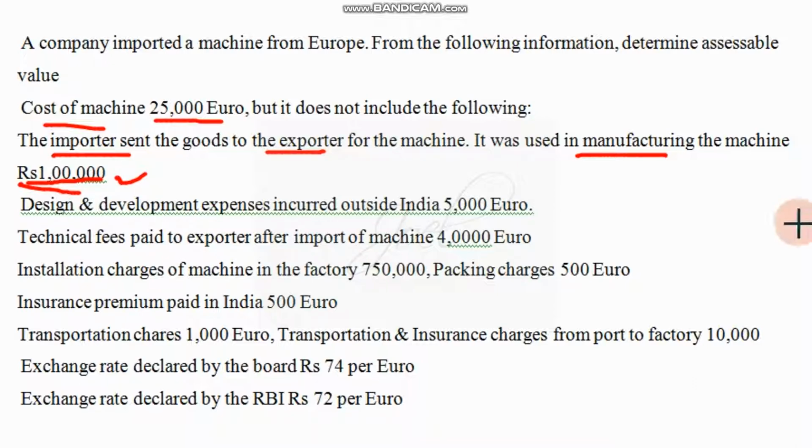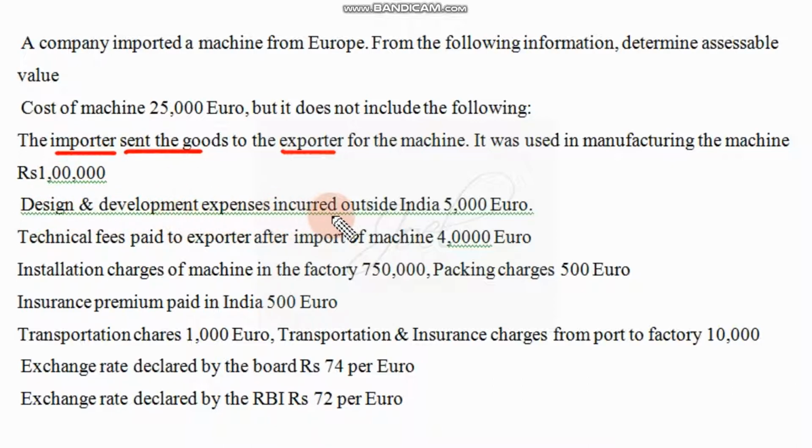So we have to add it in the assessable value. That is an addition: goods sent to the exporter by the importer. We have to remember this.